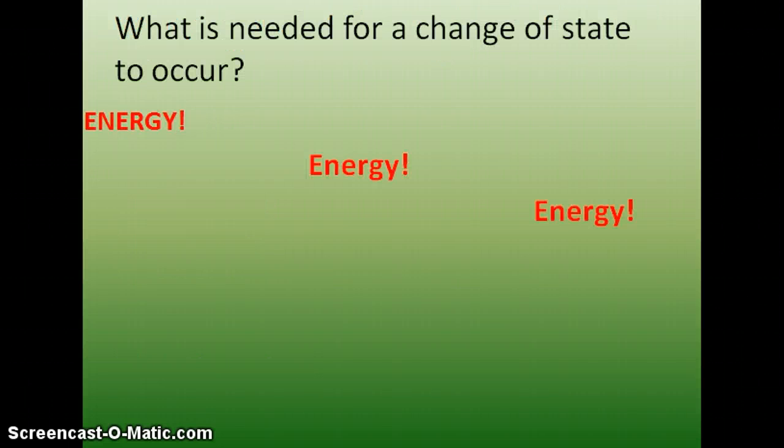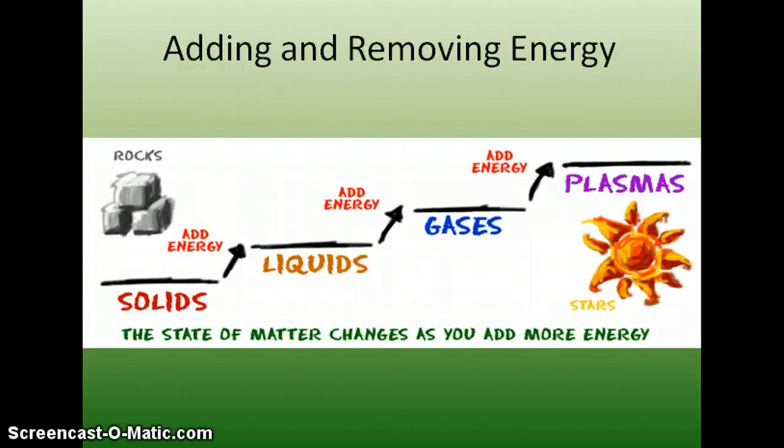And what we need for a change of state to occur is energy. If we start off with ice cubes and we add energy to that in the form of heat, the ice cubes would melt into a liquid, and say we poured that liquid into a pot on the stove, and we add heat to that also.